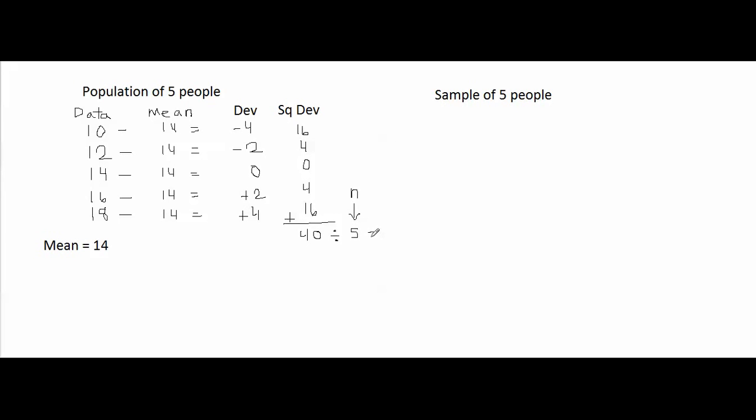And when you divide by n, it comes out to 8. So when I divided the total of the squared deviations by n, I got 8, which is my variance. It's the variance of this population of 5 people. The standard deviation would be the square root of the variance.